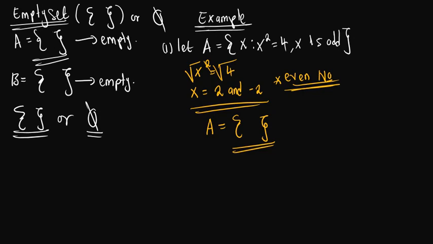Okay, so it's very, very important to really understand what it means. Let me make a very critical statement. The empty set is considered to be finity. Okay, you need to remember that statement, that an empty set is always considered to be finity.